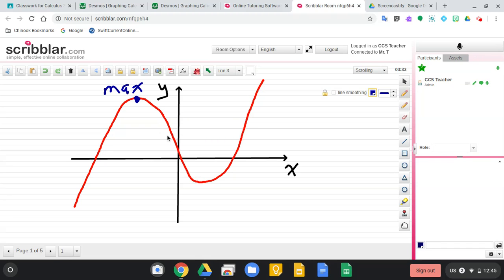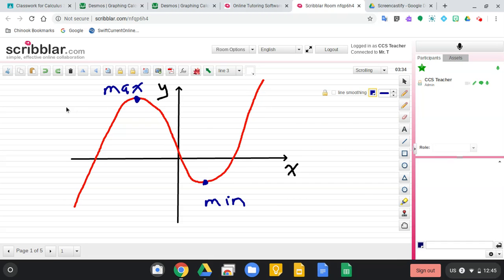So if I look at this section of the graph, this section of the graph kind of looks like a parabola that is concave down. Now, if I go over here, I have a minimum value. And if I look at this section of the graph, it kind of looks like a parabola that is concave up.